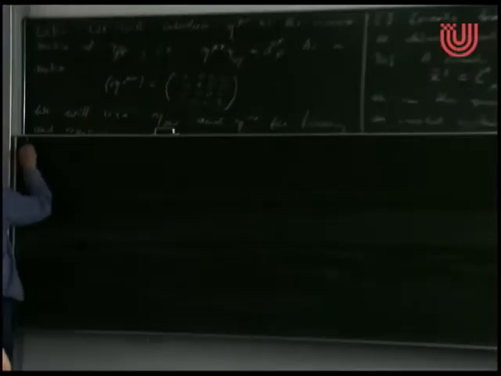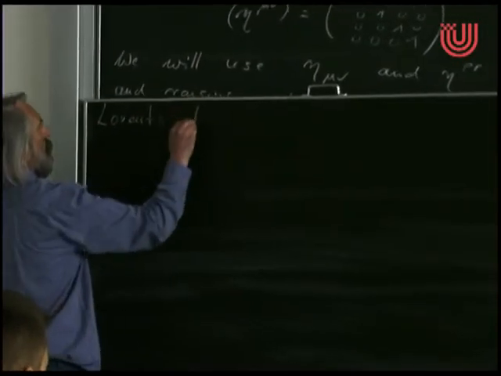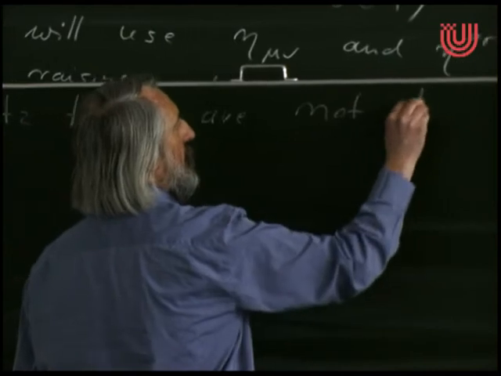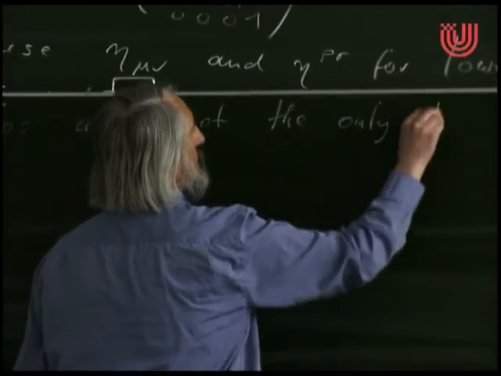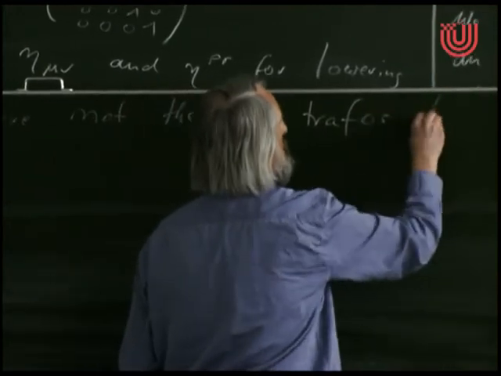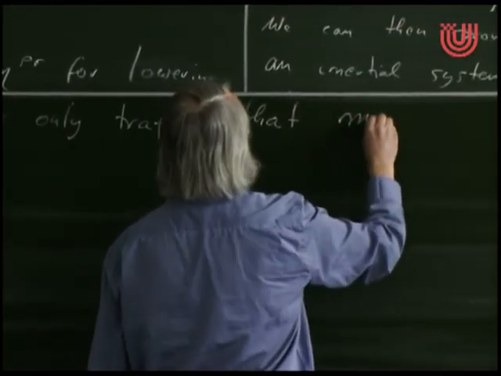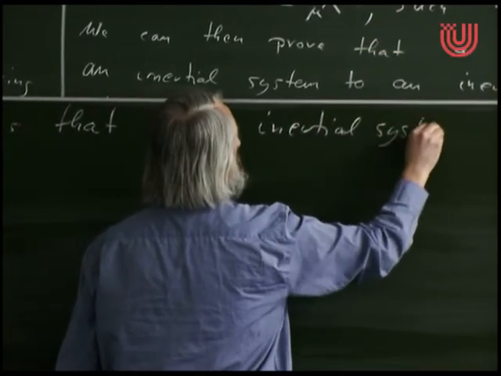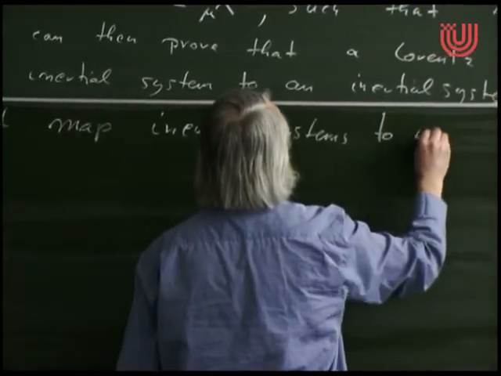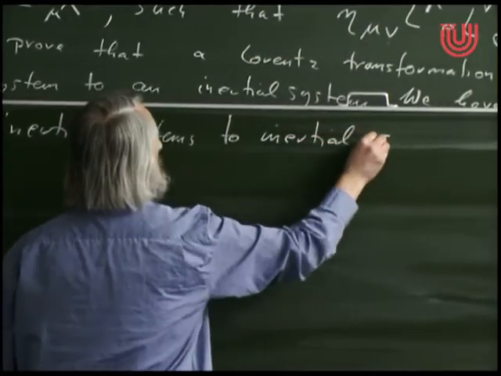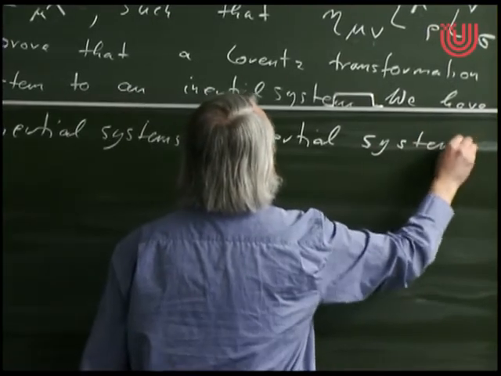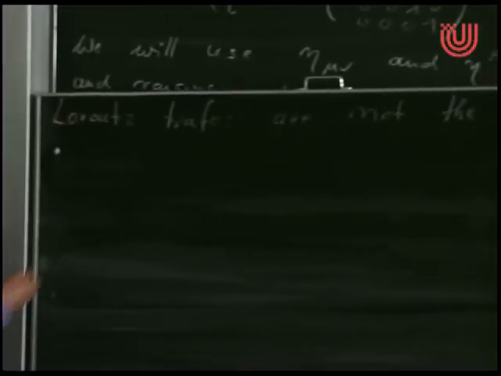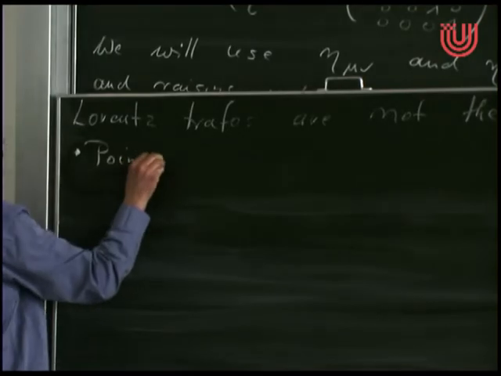So Lorentz transformations are not the only transformations that map inertial systems to inertial systems. So the first generalization we could consider are the so-called Poincaré transformations.